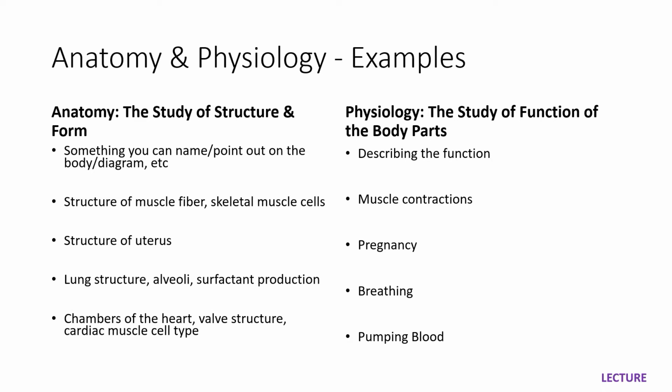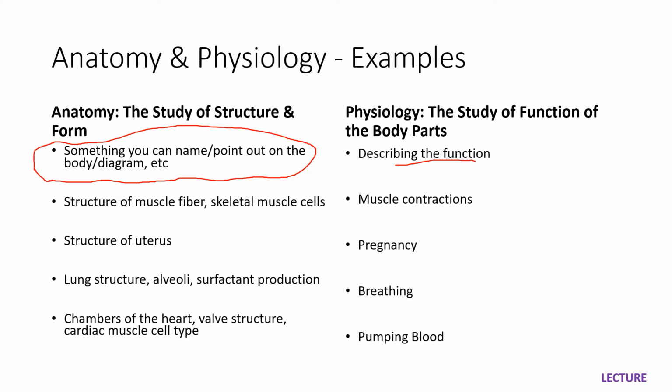Here's just a couple other examples that you can read through. This is probably the largest thing here to remember. If you can label it, it's likely to be anatomy. And if you're describing the function, it's physiology. So structure of muscle fibers, skeletal muscle cells, versus muscle contraction.